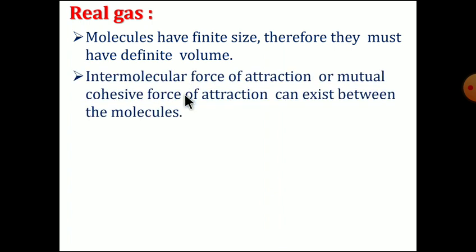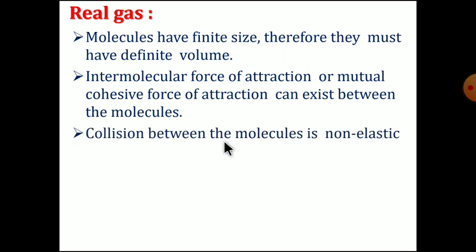Secondly, there is an intermolecular force of attraction. That force of attraction is a mutual cohesive force, and it exists between the molecules. The collision between the molecules is non-elastic.